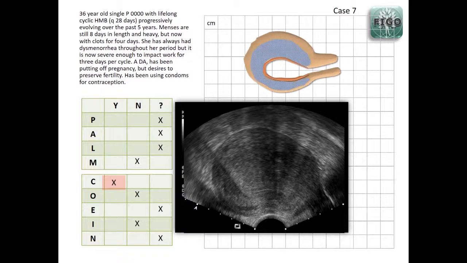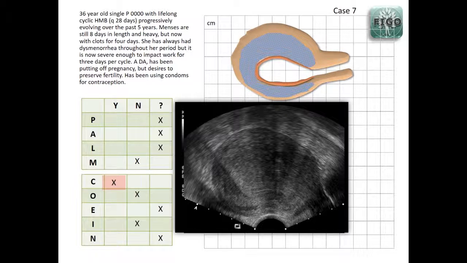So now we can populate our matrix with adenomyosis, no leiomyoma, no unclassified lesion, and of course we don't know that she doesn't have a primary endometrial defect, but we do not think that she has one based on this assessment. So the treatment of this patient will have to consider both of these possible contributors to her heavy menstrual bleeding.